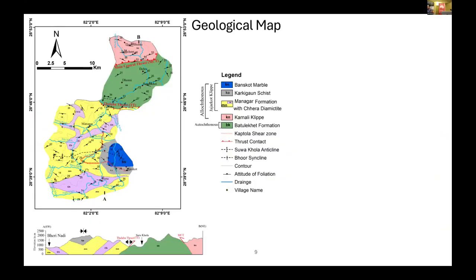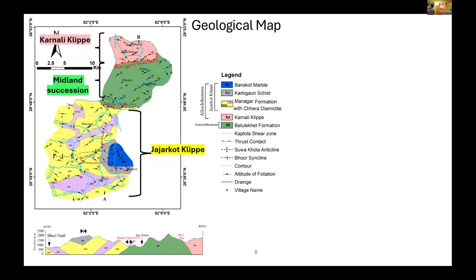We prepared a geological map based on the local type locality. Unlike the map of Upreti and Lafort, we observe the presence of an autochthonous unit in between these two thrust sheets, bounded by Jajarkot Klippe in the south and Karnali Klippe in the north. This Jajarkot Klippe is itself folded by syncline and anticline.